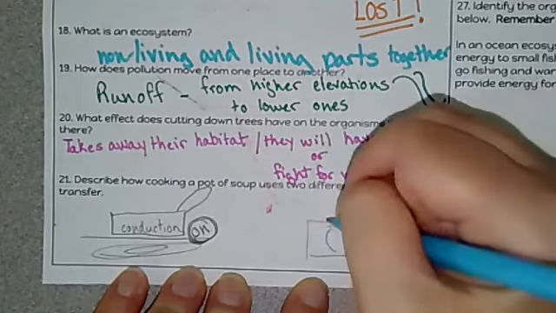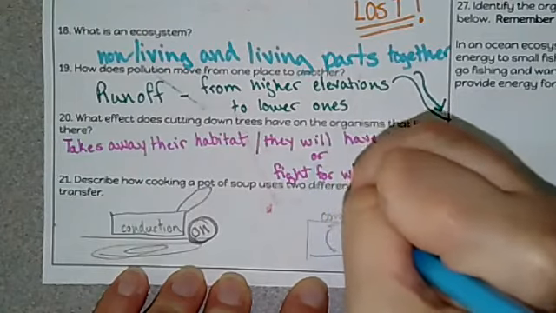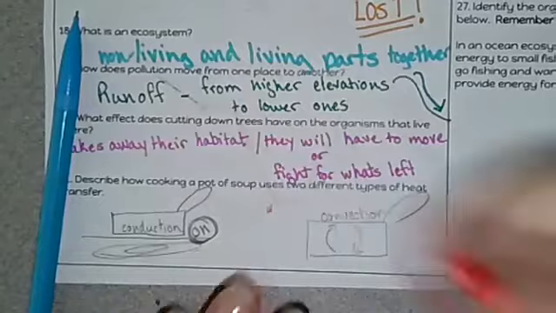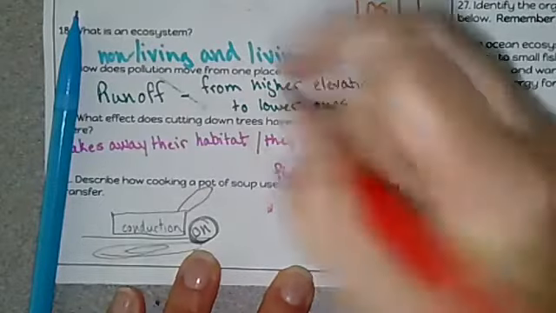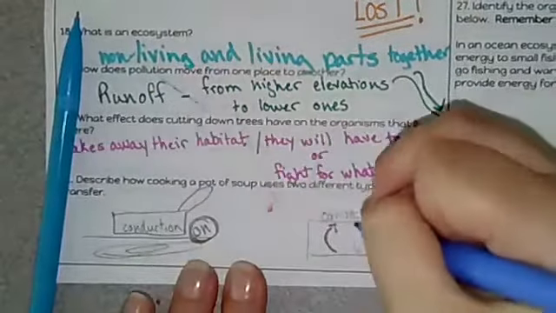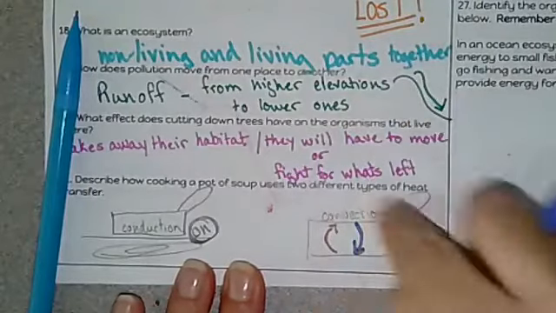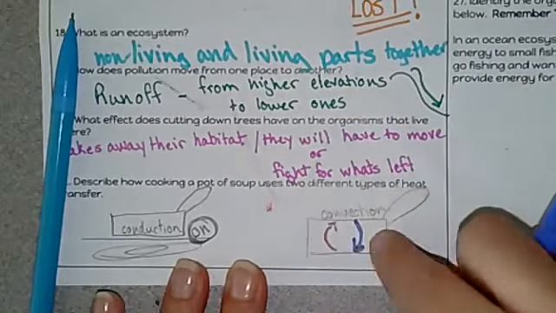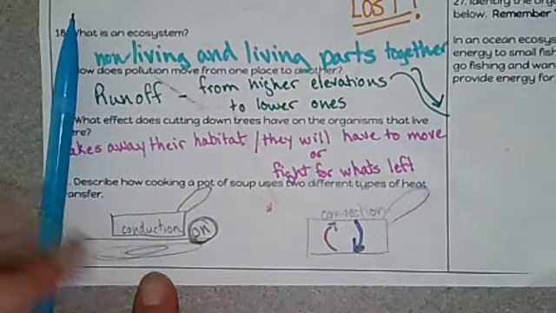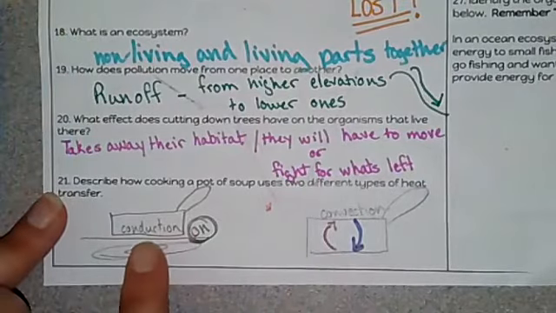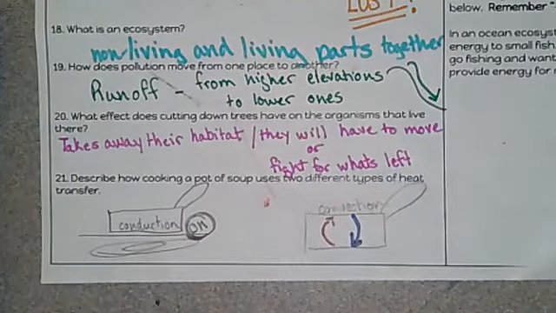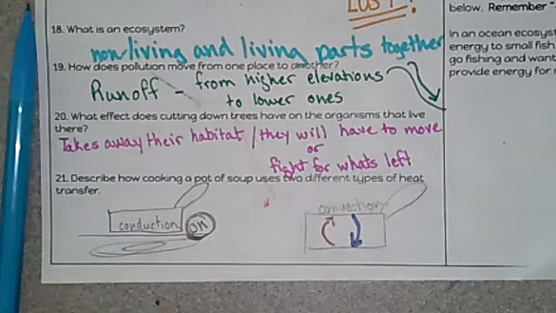What's that called? Convection. So there's 2 types of heat transfer going on. You've got the hot stuff rising inside the pot, the cool stuff sinking inside the pot, creating that convection current. The rising and falling of liquids and gases is convection. So there's 2 types of heat transfer: conduction because it's touching the burner, convection because the heat is rising and falling.